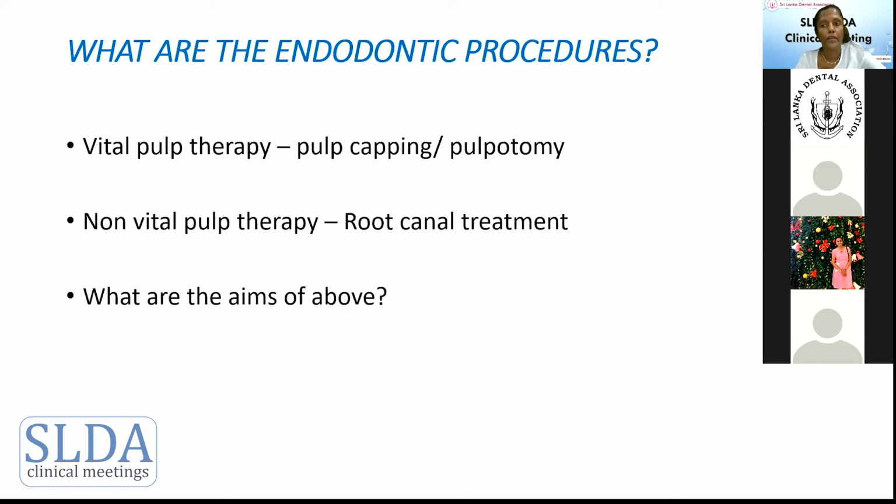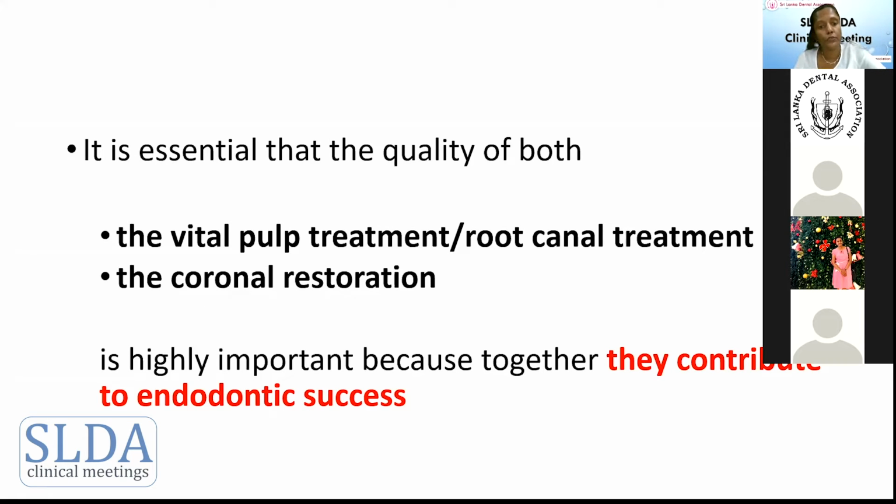Whereas if the pulp is irreversibly damaged, where the vitality can't be further maintained, then the pulpectomy and the root canal treatment is done in order to maintain the tooth in a non-pathological, functional state in the dental arch. So the success of the whole treatment depends on both the quality of the pulp treatment as well as the coronal restoration.